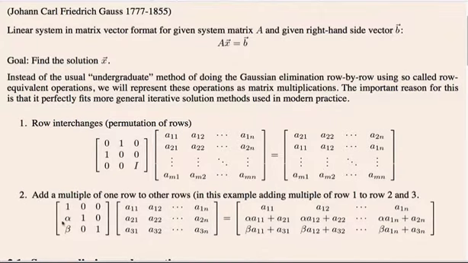The second type of row operation is when we add a multiple of one row to another row or other rows. In this example, we will add a multiple of row 1 to row 2 and a multiple of row 1 to row 3. Here we have the identity matrix that we start with, and this is just a 3 by n matrix, only 3 rows. The matrix in front is a 3 by 3 matrix. So 3 by 3 times 3 by n gives a 3 by n matrix.